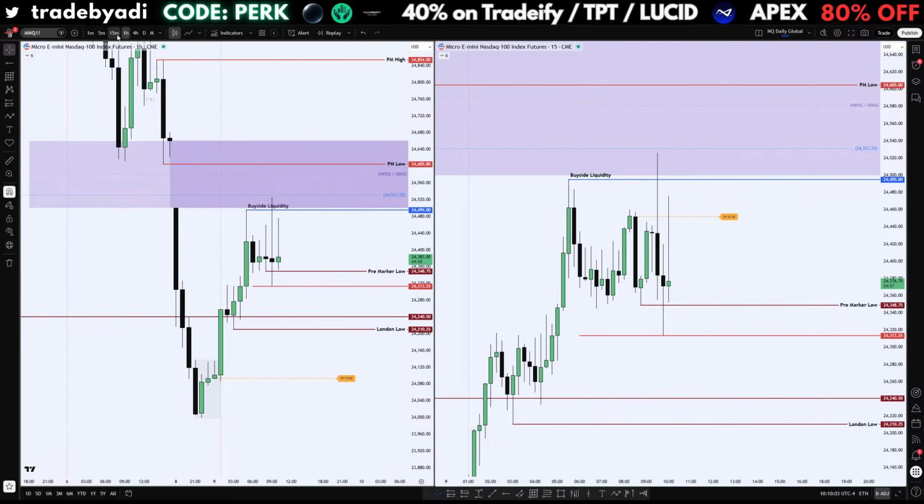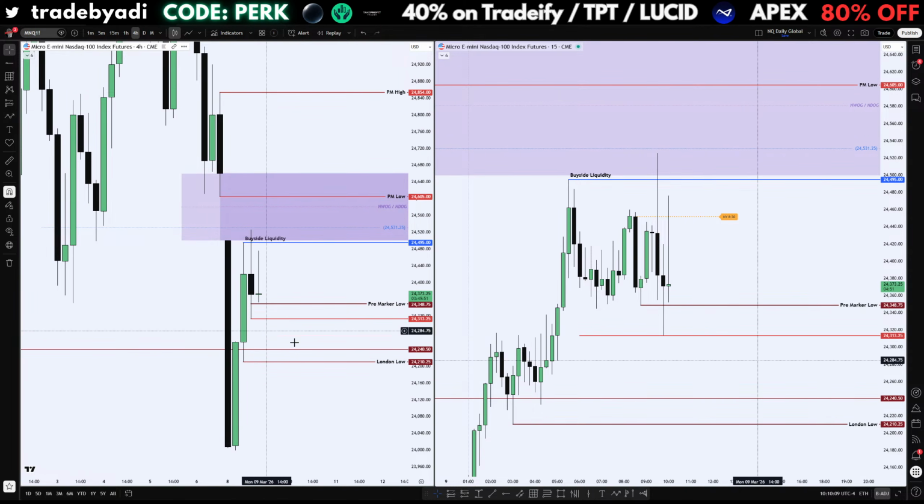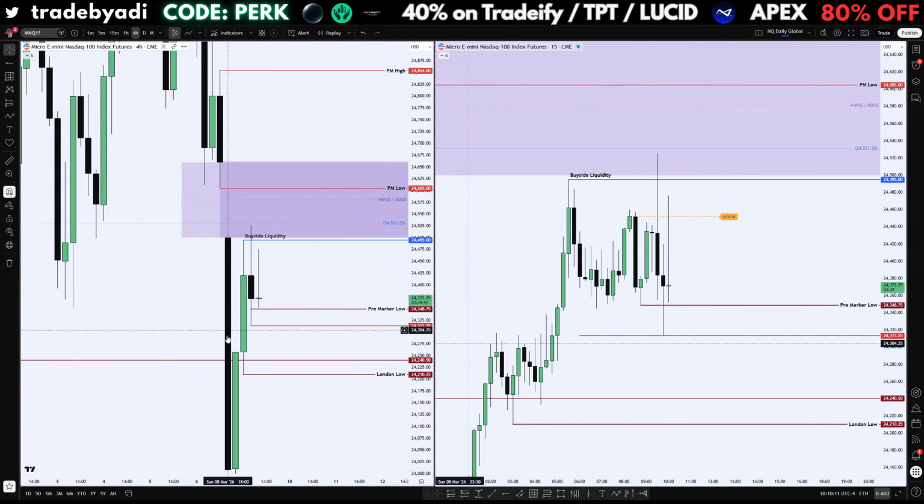But we need to have a good structure on a 15 or 5 minute at least before deciding any bias. On a 4 hour, we have this fair value gap after taking out the buy side liquidity. So most likely we are going to take this low and we are going to be inside this fair value gap.